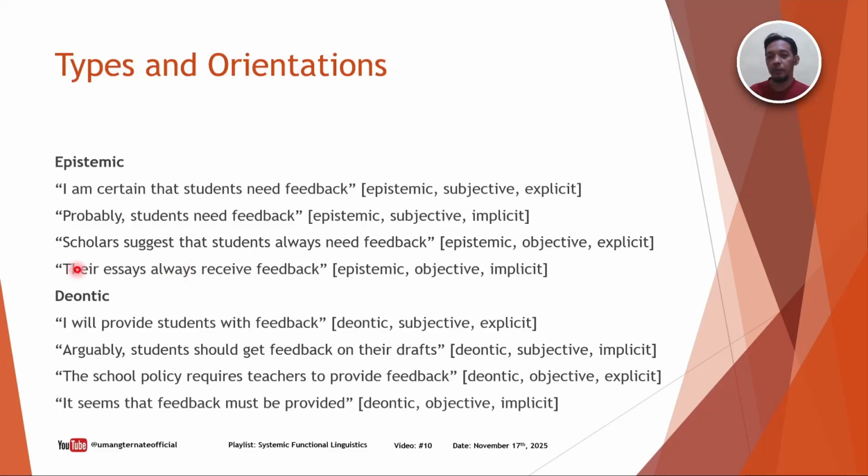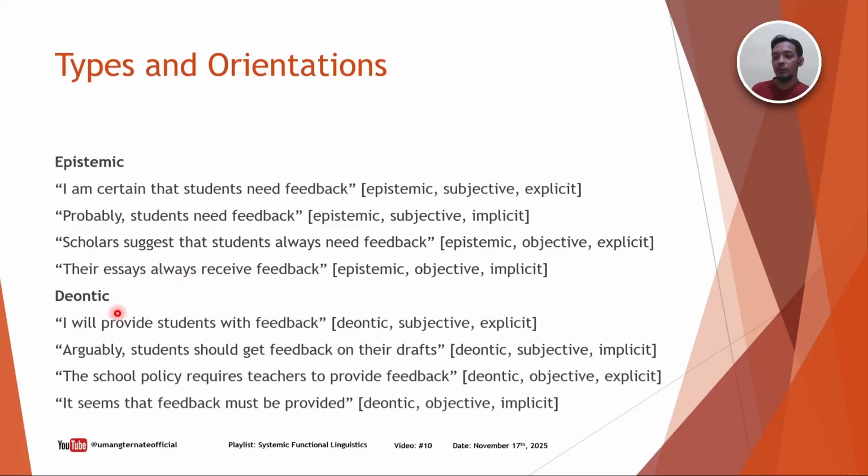The speaker is talking about what the students usually receive, that is the feedback, but it is implicit. The modality is implicit because the source of the modality is not stated.